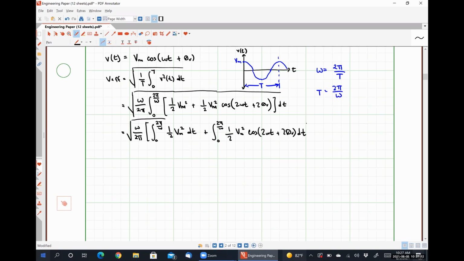All of this is under the square root sign. So let's look at that sinusoidally varying part first.